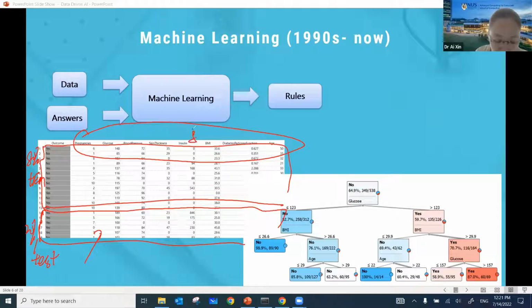But if your data has like 800 features, then you probably will need more data records. So it depends on the number of features you have and the complexity of the problem. The more complex your problem is, you will need to build a more complex model, and at the same time, you will need more data.